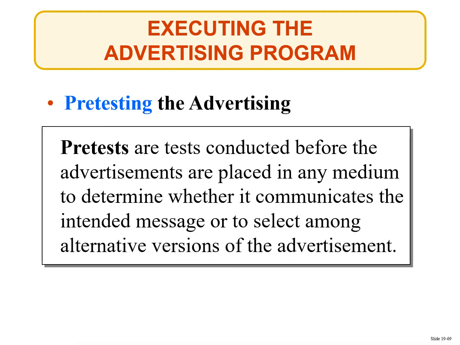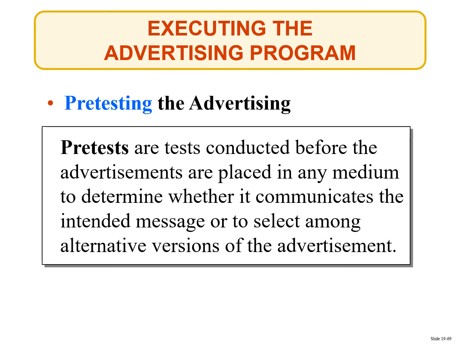Next, once you have developed this advertising program, what you want to do is execute the program. Now, before you actually execute it, and this is a part of execution actually, you pre-test the advertisement. What does a pre-test mean? You conduct a test before placing the advertisement in any medium.